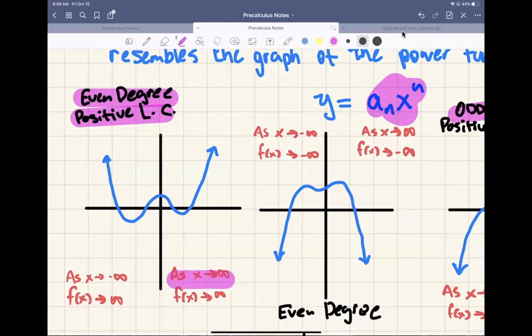Similarly, as x approaches infinity, the more we go to the right, the bigger and bigger our y values are going to get. So as x approaches infinity, f of x is also going to go to infinity.